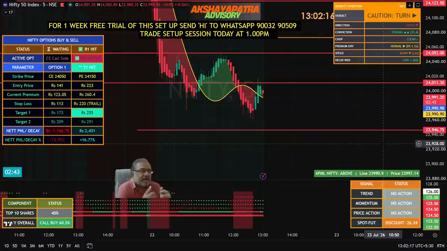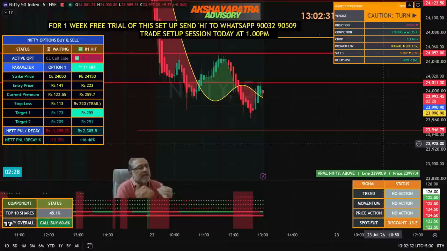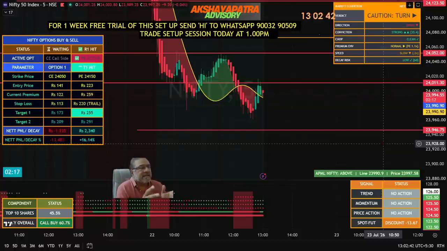Trend is basically on moving averages. The cluster of moving averages, there are different ways, but moving average primarily decides whether the trend is there or not. Then momentum is basically you evaluate the index simultaneously with multiple indicators whether there is momentum, there is strength, etc. And then price action is the actual buying and selling of the stocks.